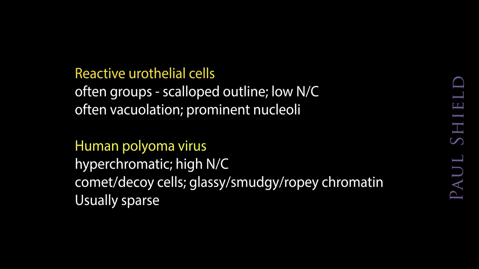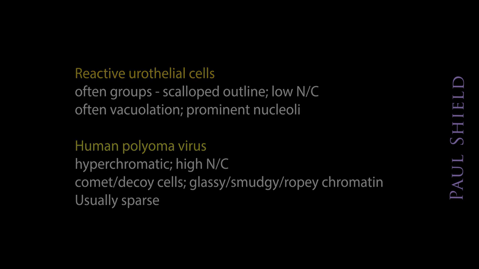Often they're few in number and they can show a gradation of change from glassiness through to kind of ropey chromatin. But typically they show that viral effect, so very glassy, smudgy chromatin. And usually they're quite low in numbers compared to the normal cells, and that's not normally the case as we'll see in urothelial carcinoma.